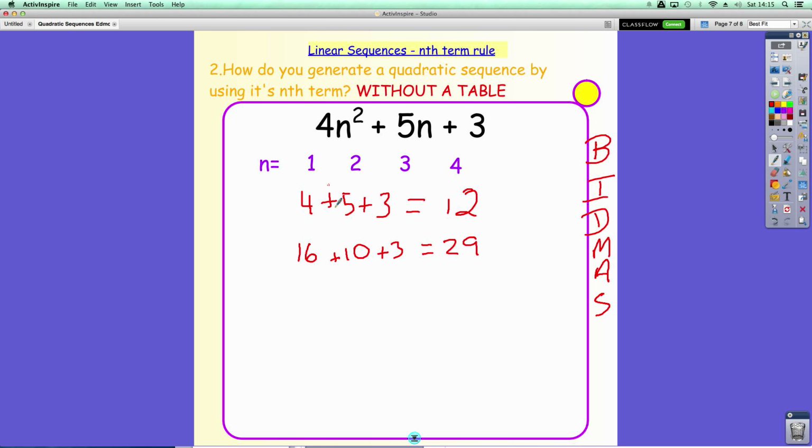Third term, 3 squared is 9, 4 nines are 36, 5 times 3 is 15, and then you add your 3. So 15 plus 3 is 18, 18 plus 36 is 54.